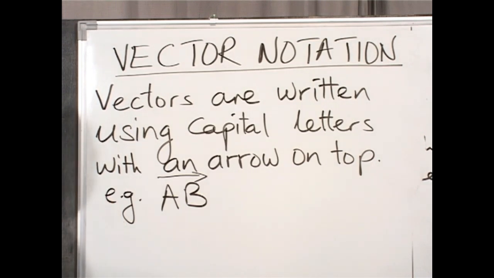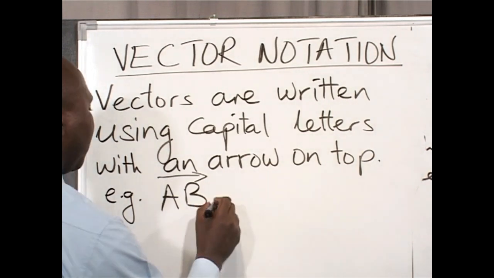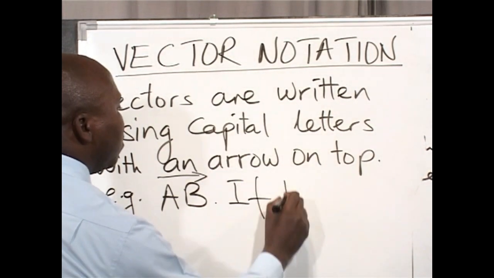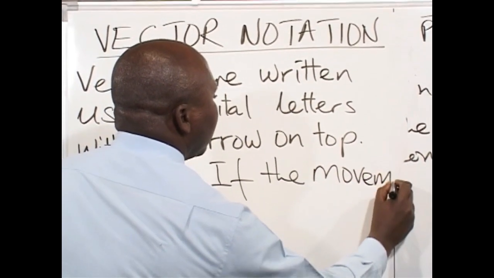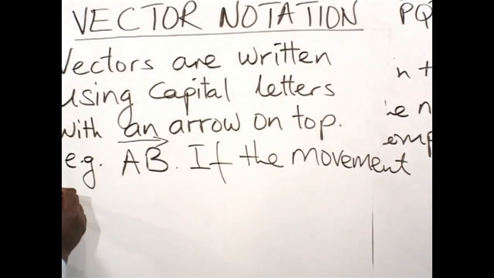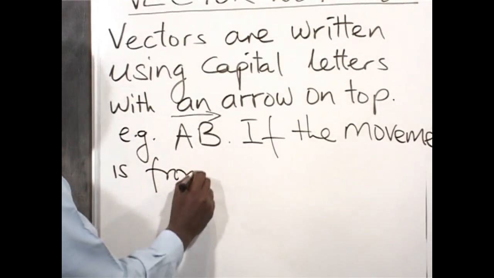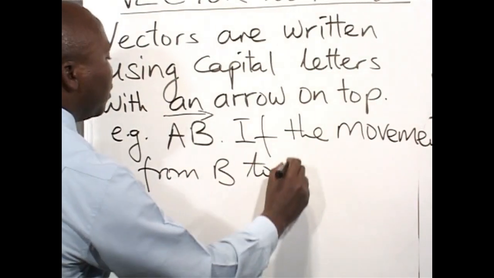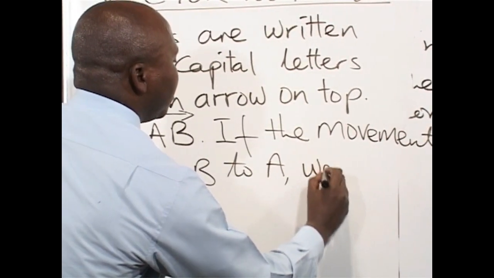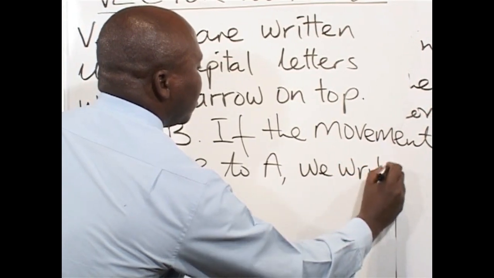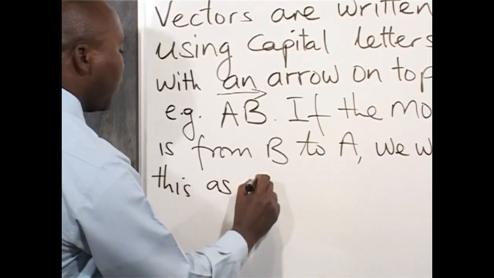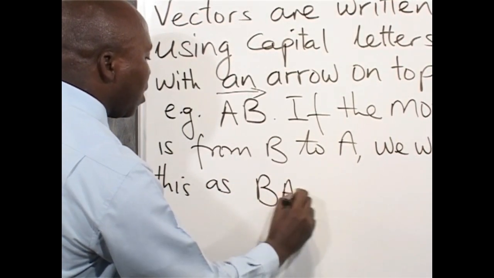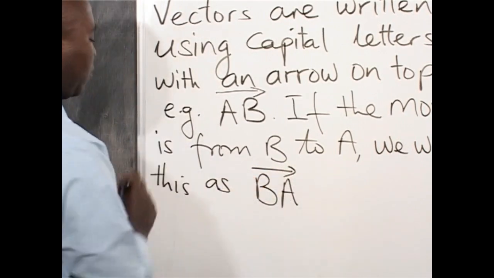If the movement is from B to A, from point B to point A, I'll write this as BA, then the arrow on top.